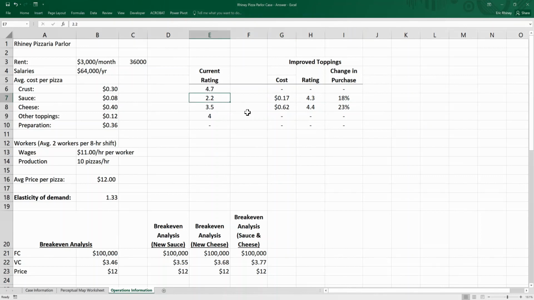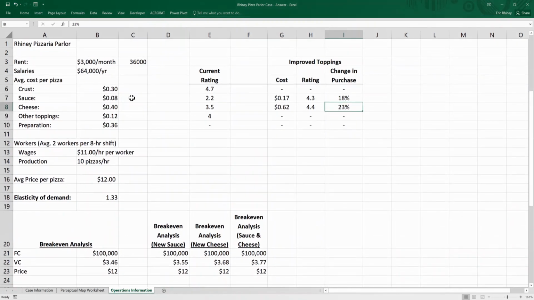Same thing with the cheese, 22 cents extra, but it would get us from a 3.5 rating to a 4.4. And it's anticipated that we would sell 18% more in terms of pizzas just by changing either the sauce or the cheese, 23% if we change the cheese. So that's a little bit of information that we'll use in our sensitivity and scenario analyses.